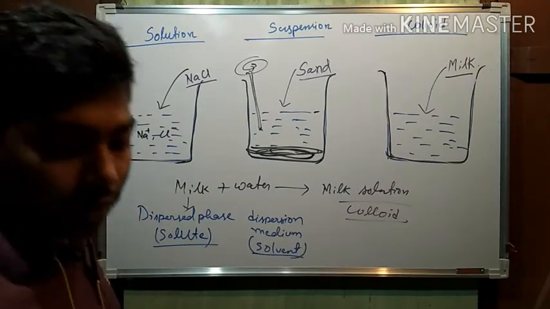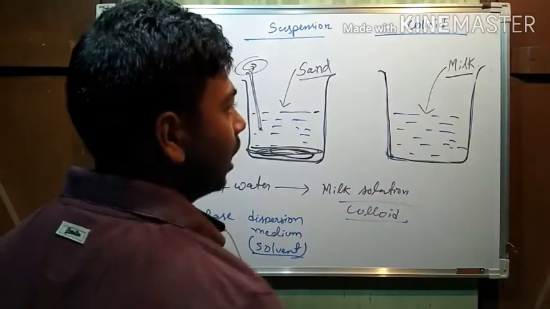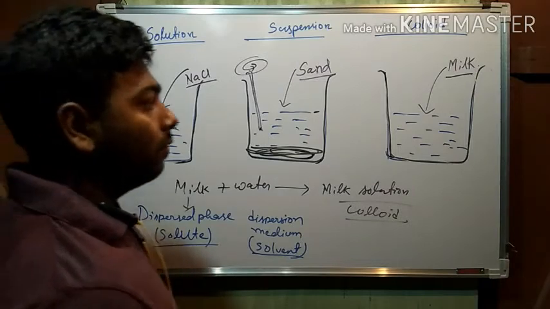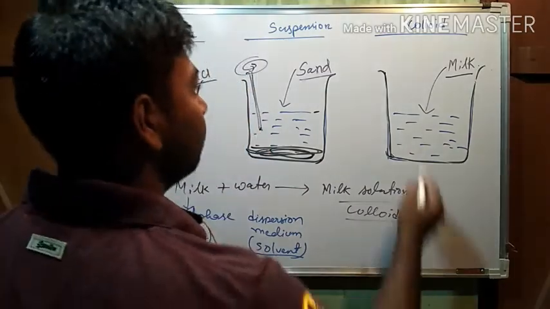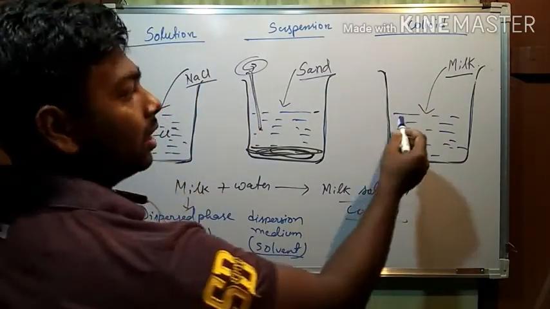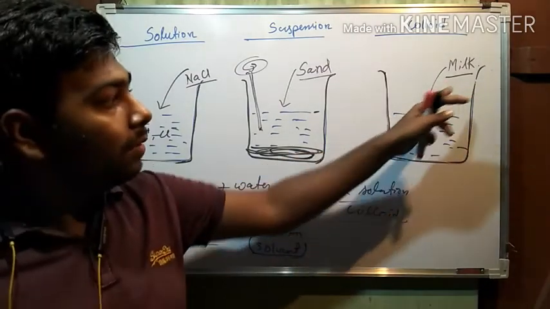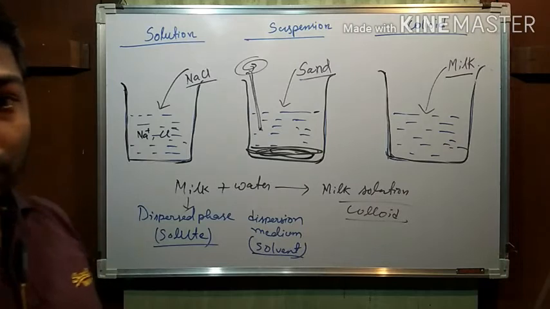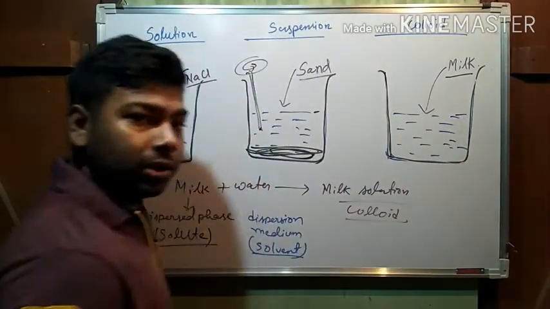Now, what are the properties of colloid? Let's see. When we add milk to the water, we get a colloid. Okay. Now the important properties of colloid. The first important property: it is a homogeneous mixture. That means milk is mixed throughout the whole solution, uniformly mixed. Now, what is the meaning of uniformly mixed?